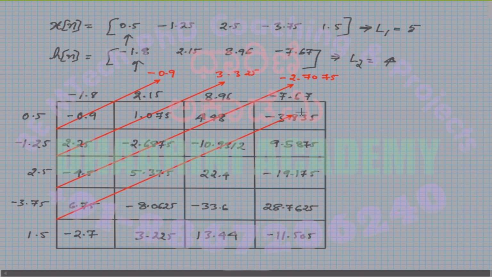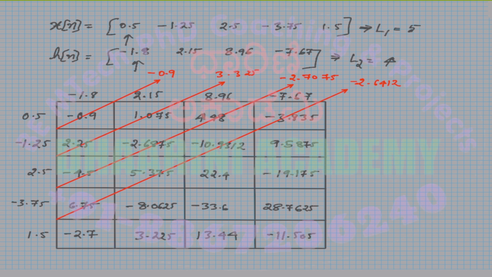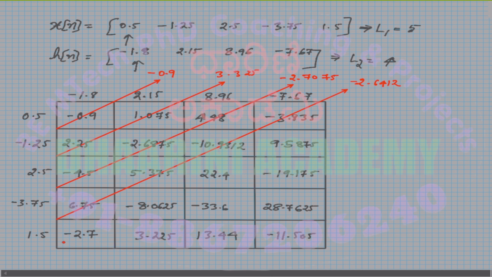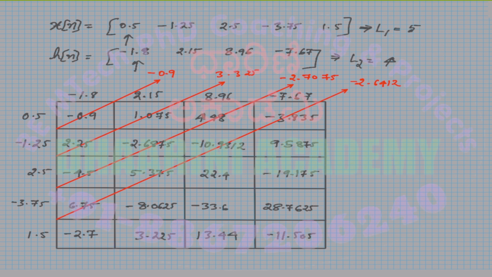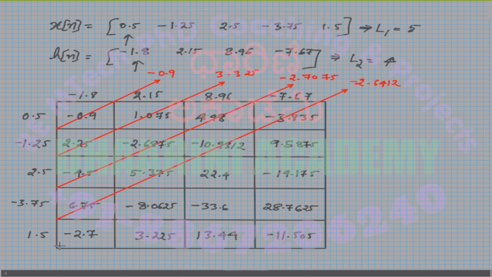Similarly, let's move to the next diagonal. Add these four numbers. That gives minus 2.6412. Next, let's move further. The next diagonal should be considered now. All these numbers, again four numbers, give 21.225.